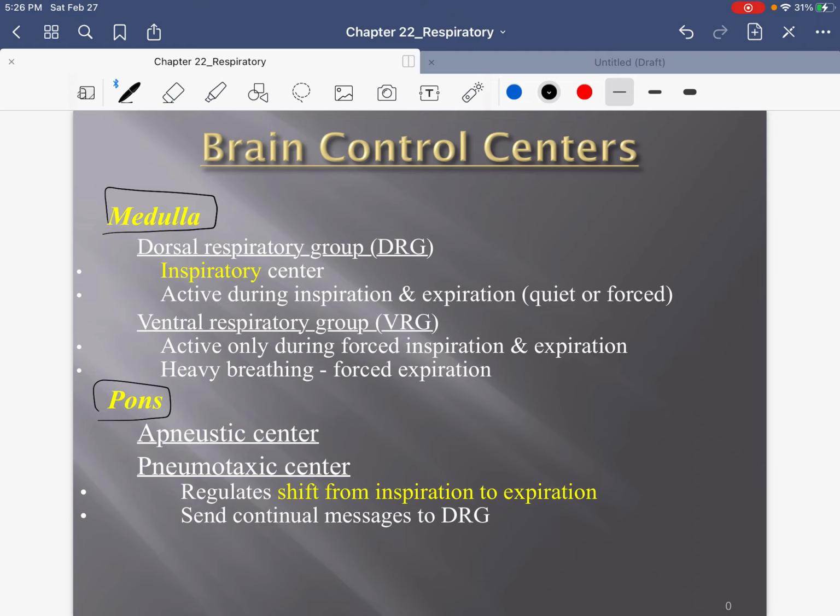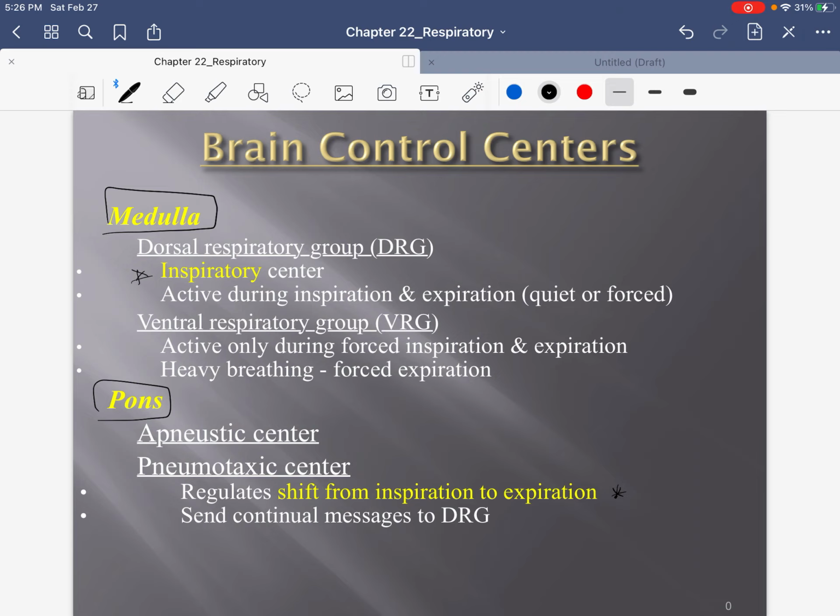So one example is in the medulla. We have a specific cluster of nuclei that really help to regulate our inspiration or inhalation. Of course, there's more to it, but this is one specific I can point out. The pons might be more active in our shifting from one to the other.